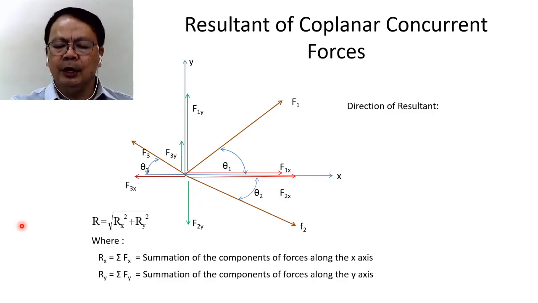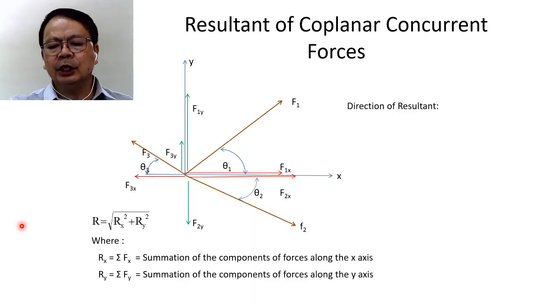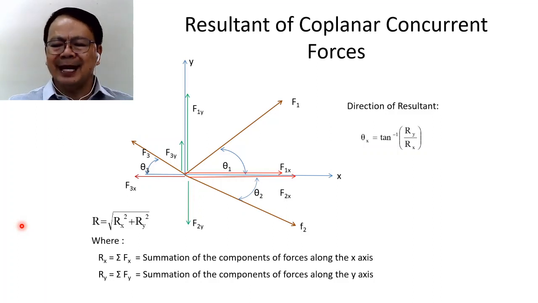In other words, what should be the direction of the resultant. The direction of the resultant can be computed in terms of an angle, theta sub x, measured with respect to the positive x-axis, and that is equal to arctangent of Ry over Rx.